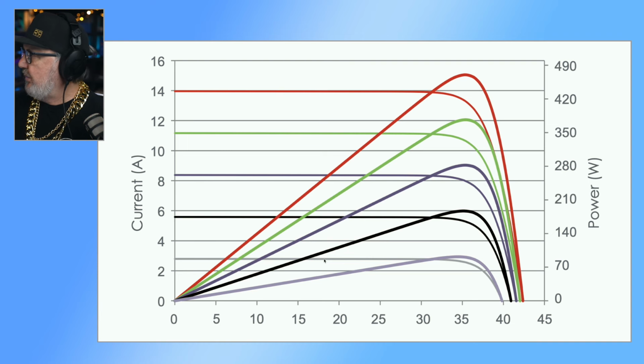And what we've got here is these horizontal lines is the IV curve. So I for current and V for voltage across the bottom here. And the I at 14 amps is effectively the highest current that it will produce. Its short circuit current is up here at 14 amps roughly.